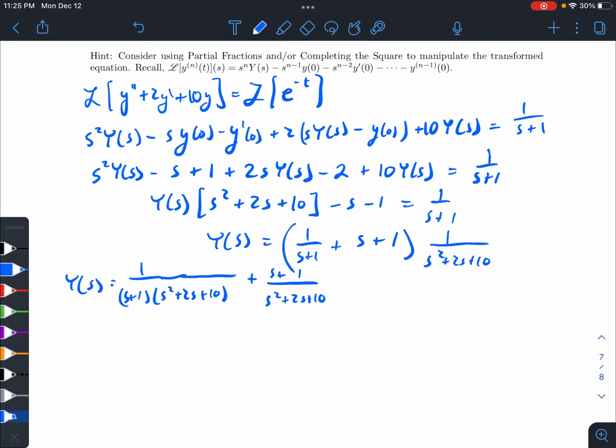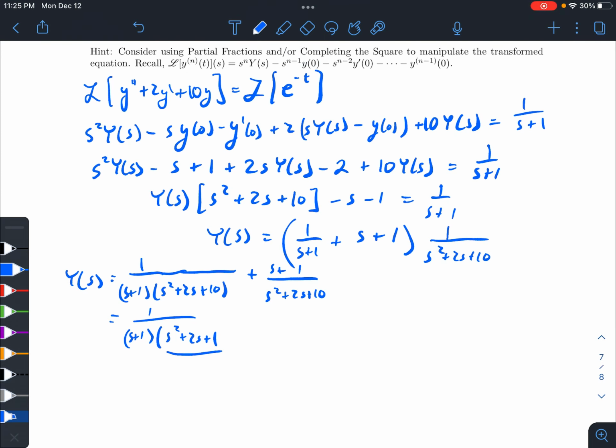All right, we're going to do completing the square on s squared plus 2s plus 10. So that is s squared plus 2s plus 4, or sorry, not plus 4, plus 1, because this factors as s plus 1 squared. And then I'll keep that, so like I'm pulling off a 1 from the 10, so it separates into 1 and 9, which you can then factor.